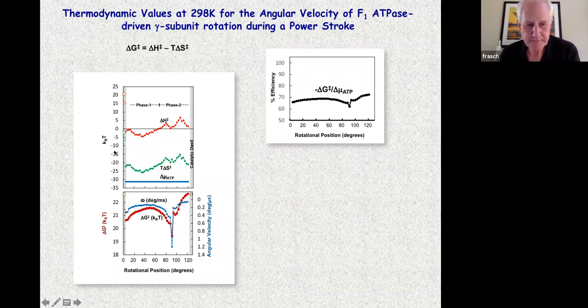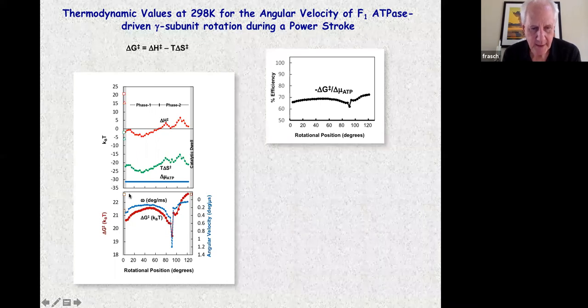And the free energy of activation fits very well with those measurements that were made by other labs for the catalytic dwell. Here's before ATP is hydrolyzed, here's afterwards, and that's where we get our free energy of activation. And then it ends back up here at a comparable location.